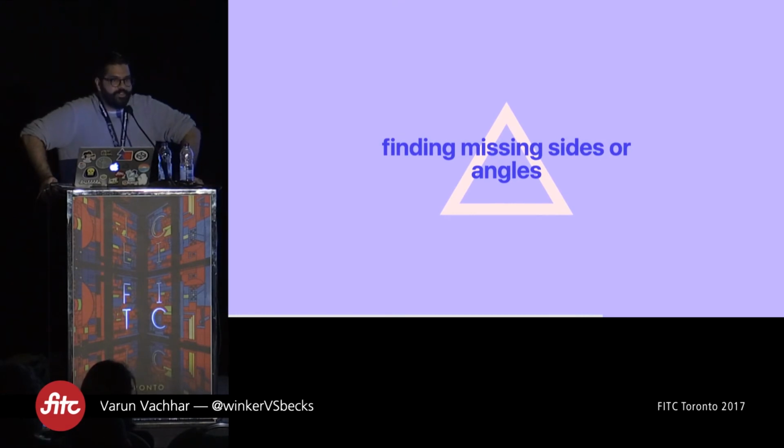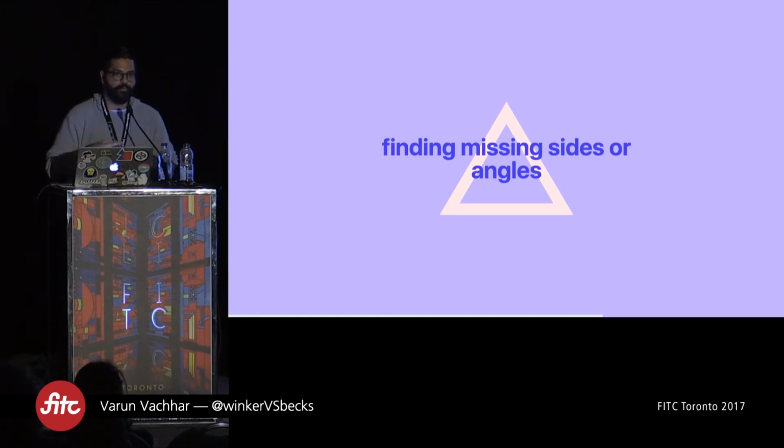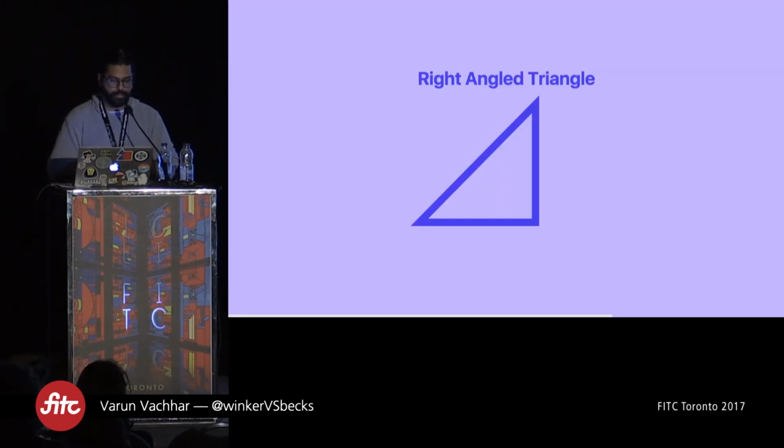Solving triangles is this idea where you have a triangle and you know something about it. You know one angle, maybe a couple of angles, or one side or a couple of sides, or a mixture of one angle and one side, and you're trying to find all the other missing sides or the missing angles. For now, I'm going to focus on a simplified case of this, which I tend to encounter a lot while making animations, and that's the right angle triangle.